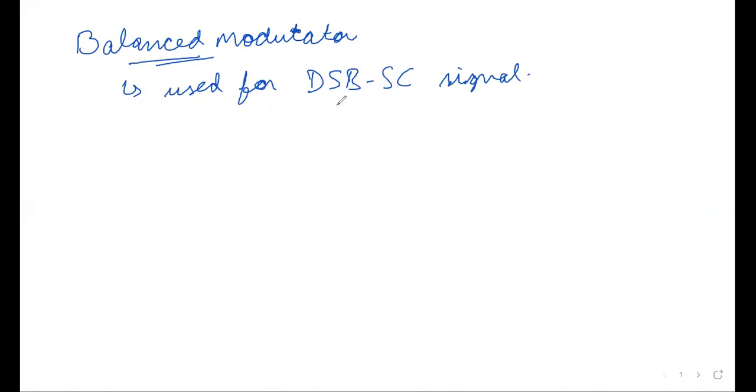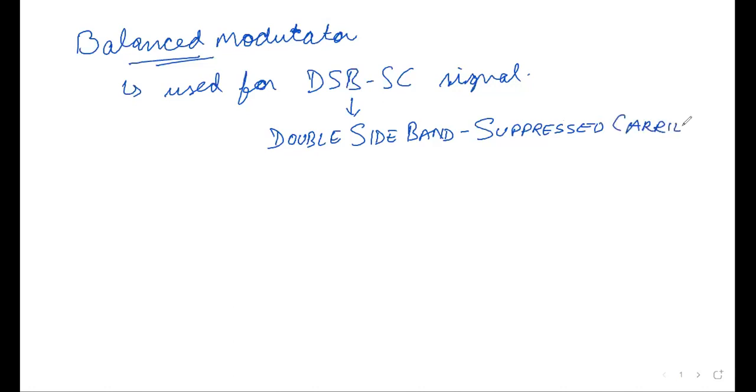What does DSBSC stand for? DSB stands for double sideband, and SC stands for suppressed carrier.